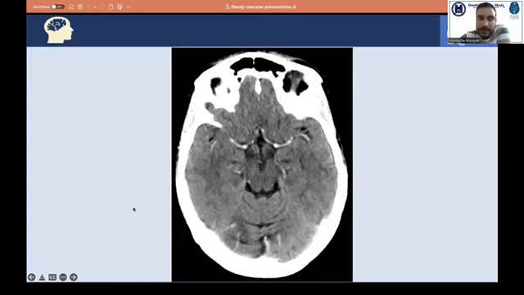Anyone can tell me or describe this section for me? Just description. What do you see? Yes, please. May I? Yeah, go, Mahmoud. Enhanced CT scan, axial section.